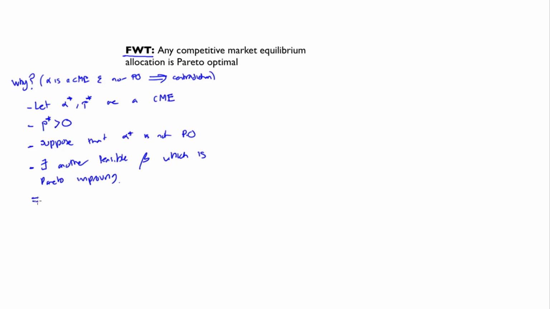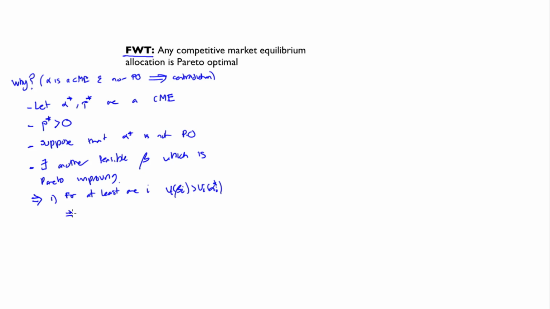This implies, first, that for at least one consumer I, U of what he gets at allocation beta is greater than what he gets at the allocation in the market.